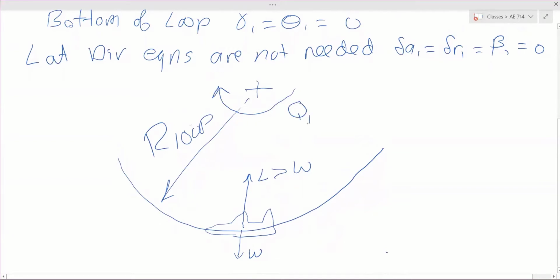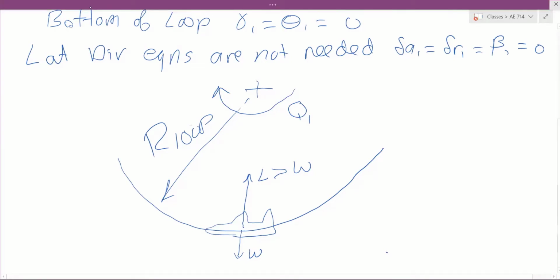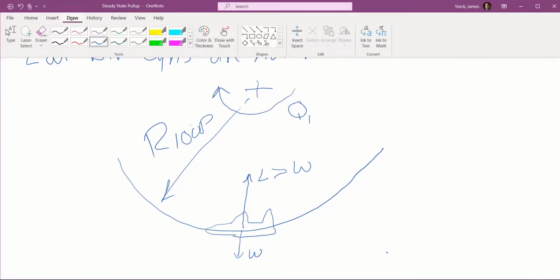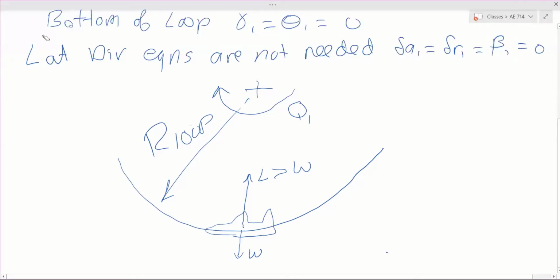So if you want to redraw this figure in your notes at this point, the derivation we're going to do is below it. I want to knock out this because I want to write something there.